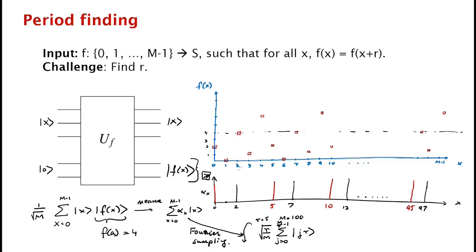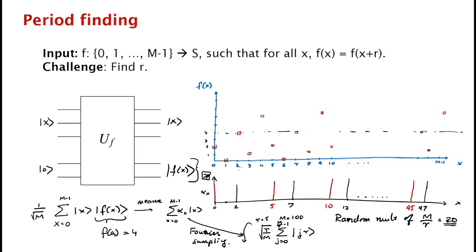But now what is the result of the Fourier sampling? Well, the output that we see is in fact a random multiple of M over R. So in our case, what's M over R? M over R is 20.